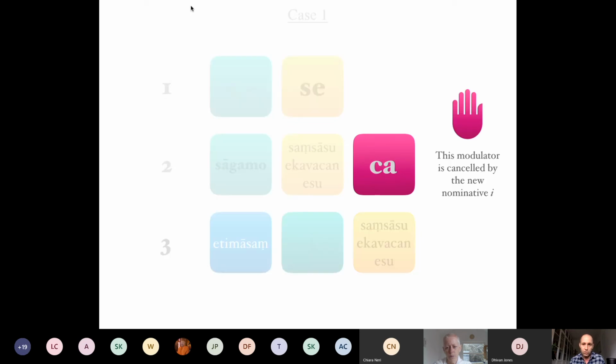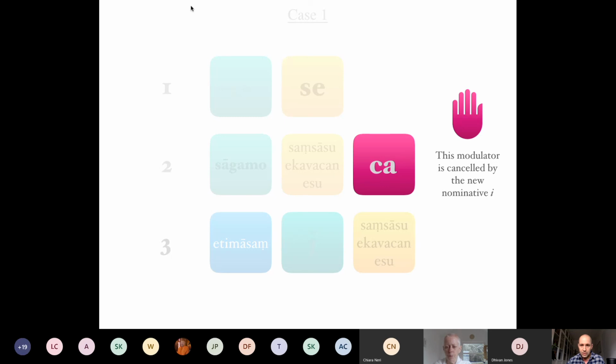The question, of course, is why you are not reading cha again. There is nothing that has cancelled cha yet. Well, cha doesn't exactly fit into these functions, the proper functions of the operation. As you remember, I call this cha a modulator. This is simply modulating the workings of the rule. And in this case, it's the cha itself that indicates the anubhuti in the second rule of the line.